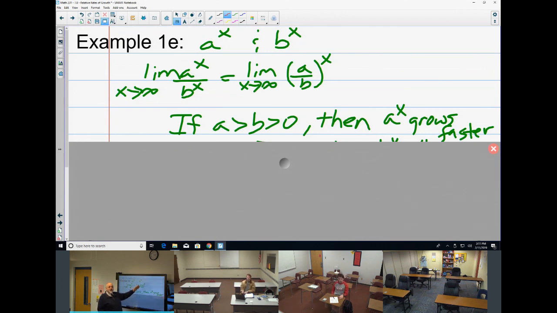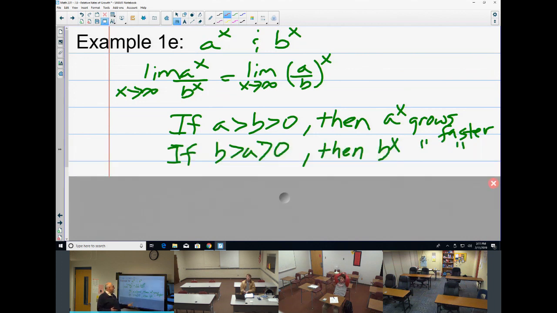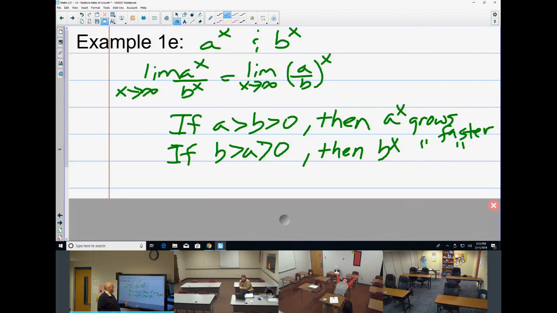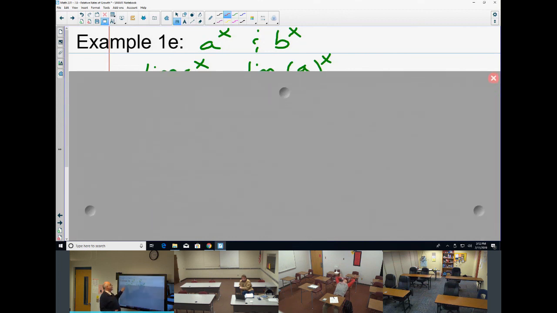And anything bigger than 1 raised to infinity goes to infinity, so the top one would win. If b is bigger, then a fraction less than 1 raised to infinity goes to 0, and that would mean the denominator wins. Okay? All right, so do practice 1E.